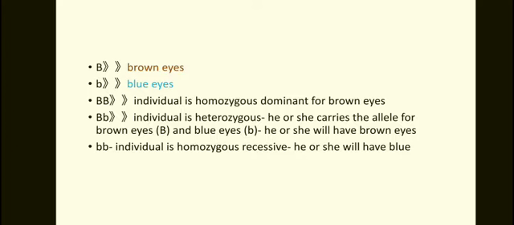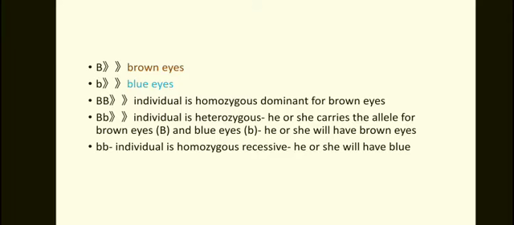So summarizing, uppercase B is for brown eyes, lowercase b is for blue eyes. You see BB uppercase is for homozygous dominant. Therefore the individual's phenotype is brown eyes.